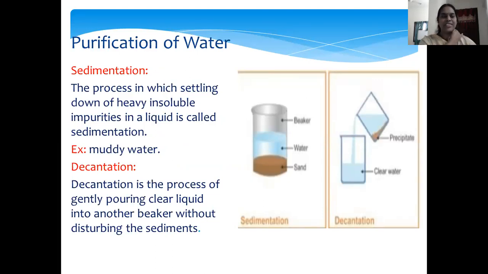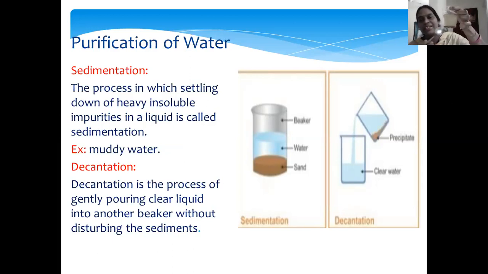Again, I will take this glass of water in which I already added the sand. Now what I will do? I will stir it. Already the sand is there. I will wait for a few minutes. After waiting for a few minutes, what happens? You can observe here. See, the sand particles will settle down at the bottom.